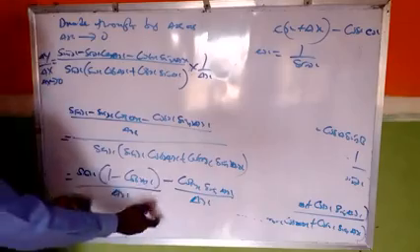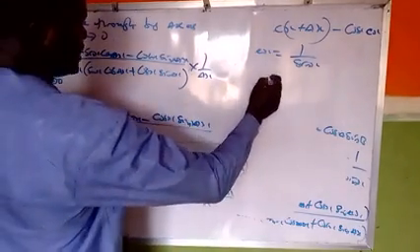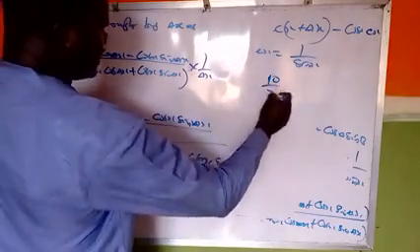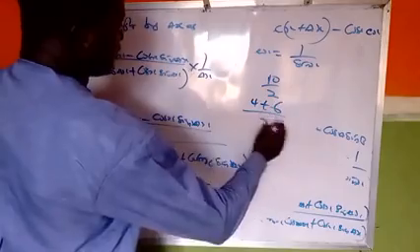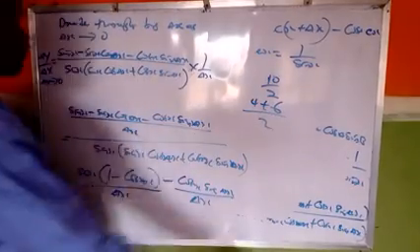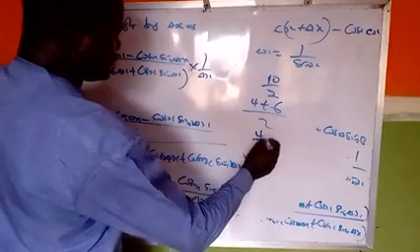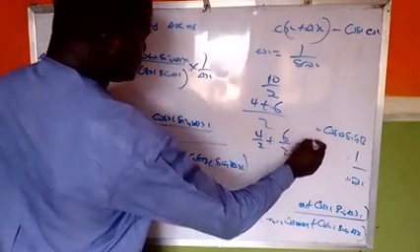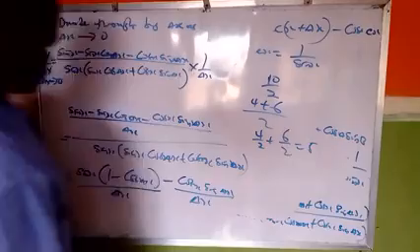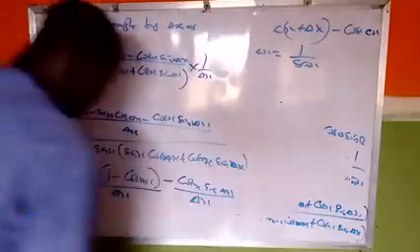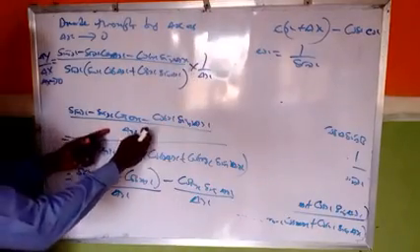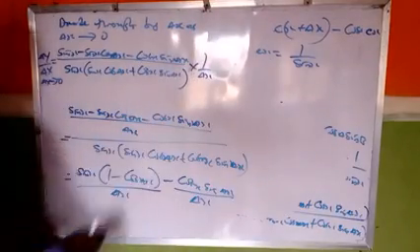What I did here, if you have, let's say, 10 divided by 2, if you like, you can split it into 4 plus 6 divided by 2. So 4 divided by 2 plus 6 divided by 2 will still give you 5, just as this. So that's what you did here. So that's how we split this one into 2, since we have factored this out.